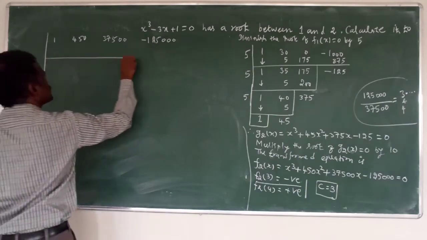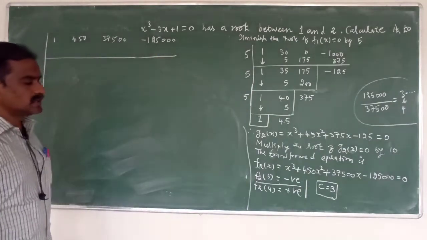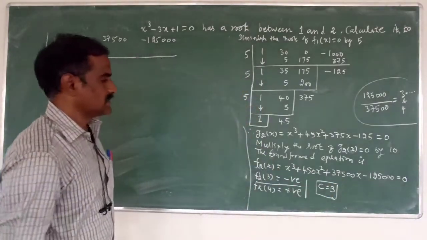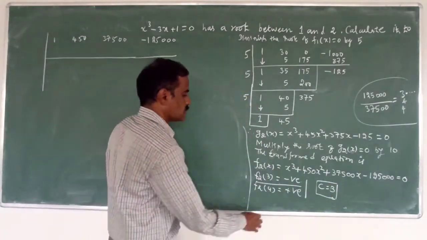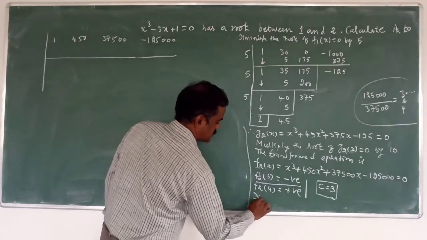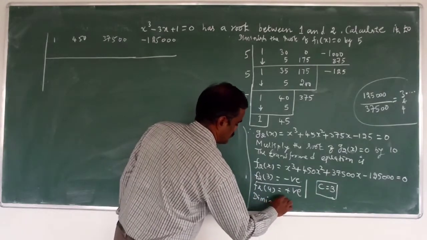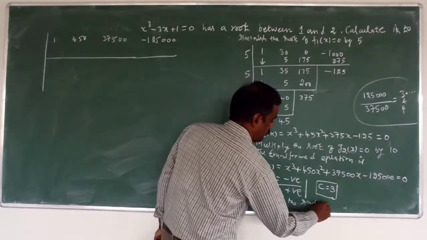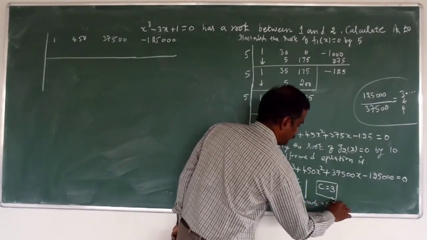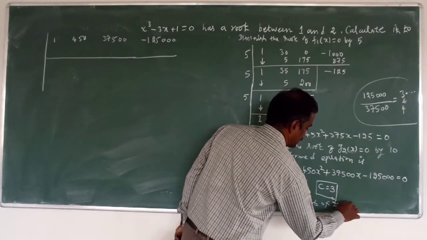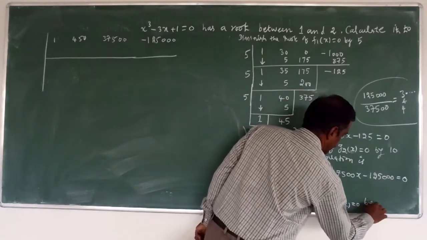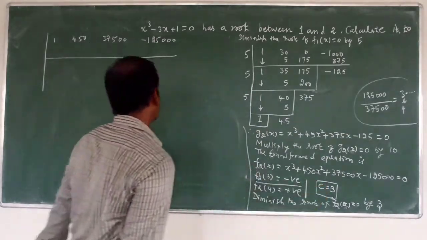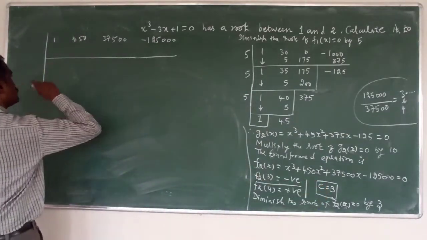And we have to use the synthetic division method by diminishing by 3. We have to diminish the root of f2 of x equal to 0 by 3. Okay, by 3. This is a synthetic division method.